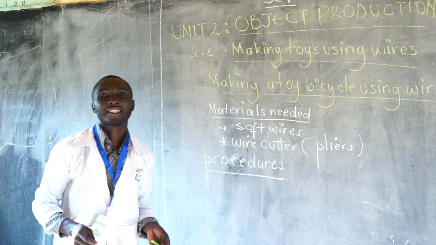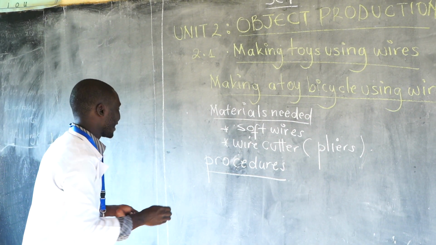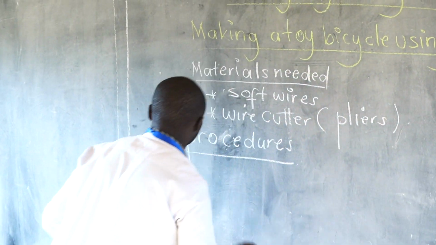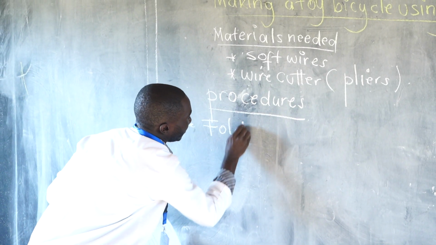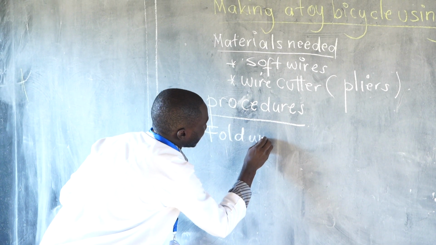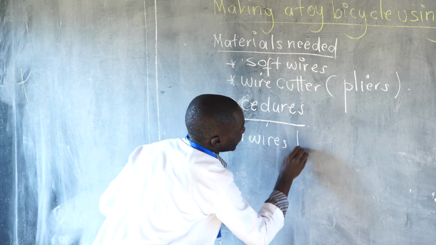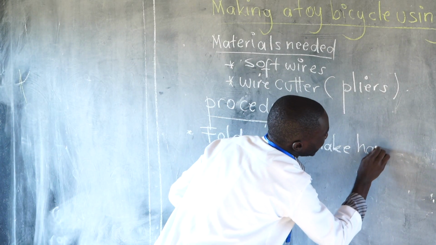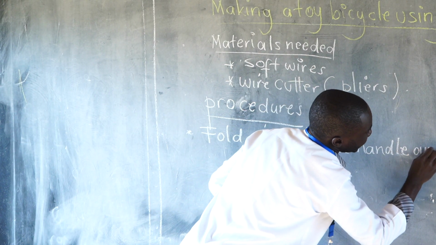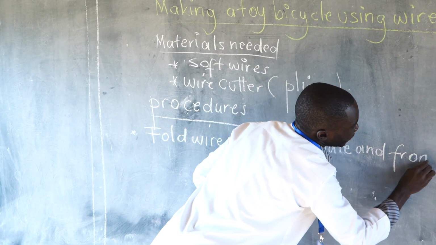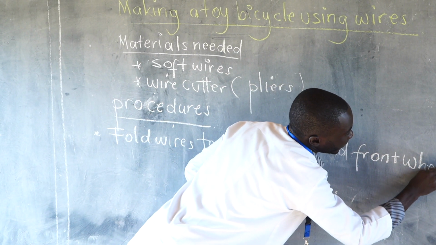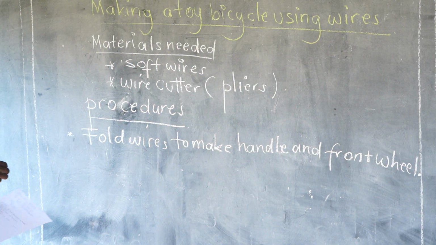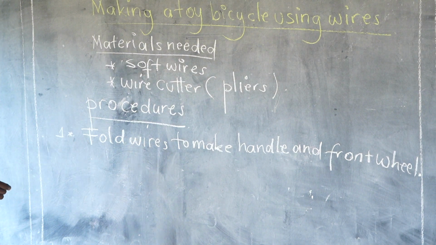Come on, procedures. Procedure, the first one, you have to fold wires to make the handle and the front wheel. You have to fold wires to make the front wheel. That is step number one or procedure number one.